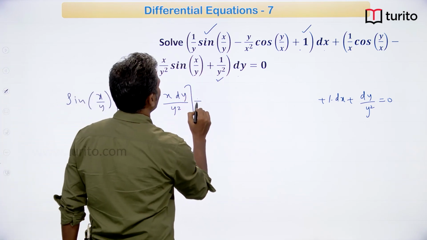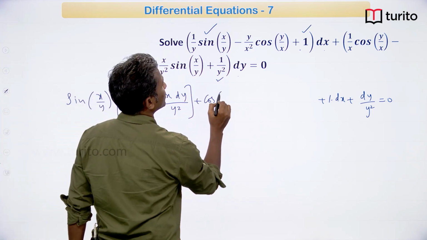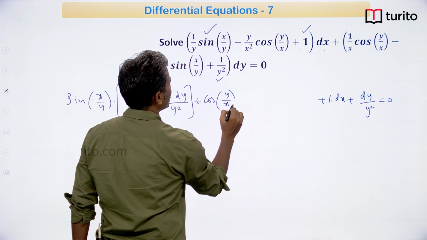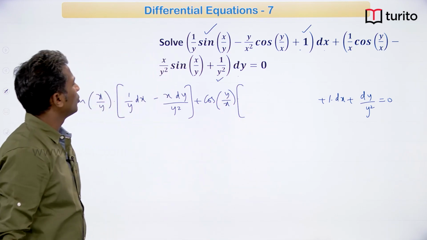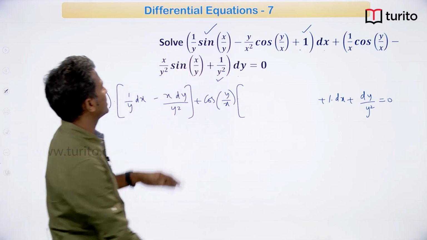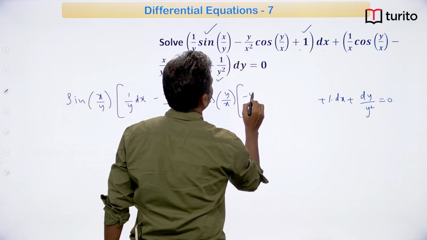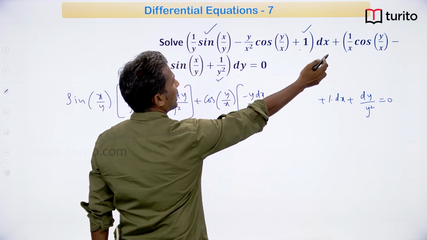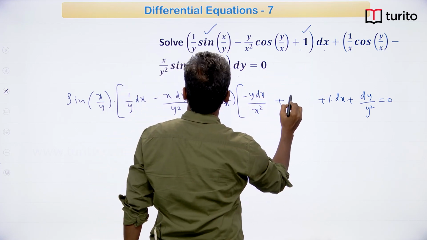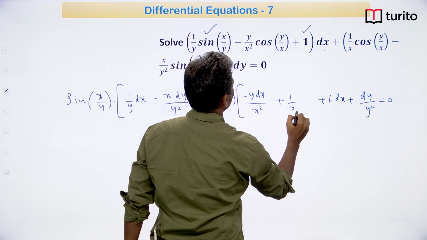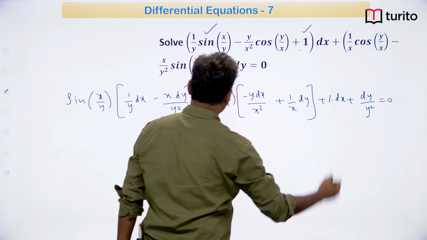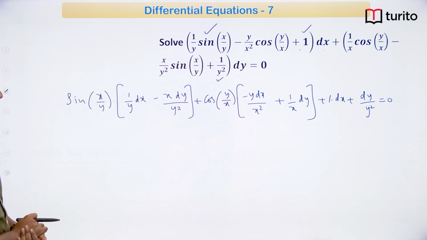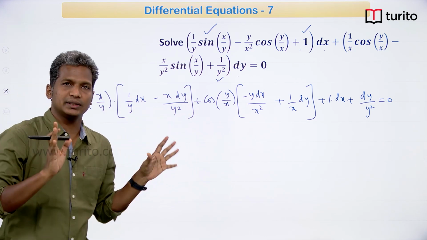Now let me take cos of y by x also common. What are the terms coming with this? Here we are getting minus y dx by x square, and here we are getting plus 1 by x into dy. So we separated the terms.